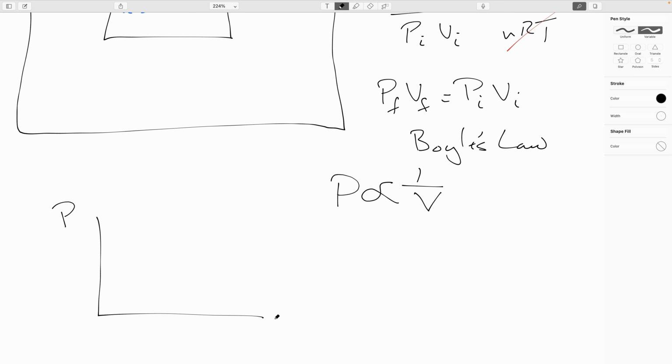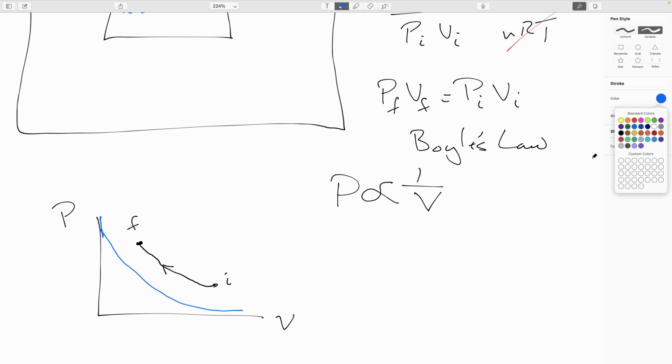Man, that's a terrible V. There we go. I have to follow something that very roughly looks like 1 over x, so it's going to be something like that. Here's my initial, there's my final, like that. Don't always have to label them because the arrow makes it clear. Now the deal is that if the temperature were colder, our process would have to fall along a curve that looked like this.